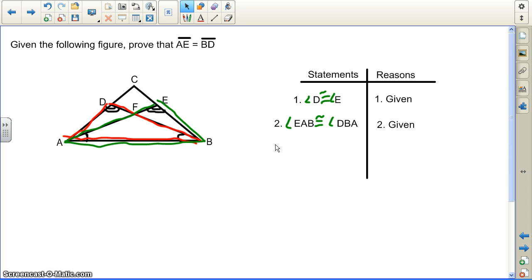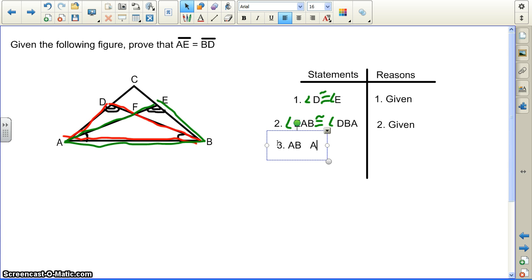Now, our third step is we have to have something else to give us a congruence conjecture. So if I look, I need to know something about these two triangles so that I can say that they're congruent. Well, in this one, I have a side that is the same on both triangles. So I can say that side AB is congruent to side AB.